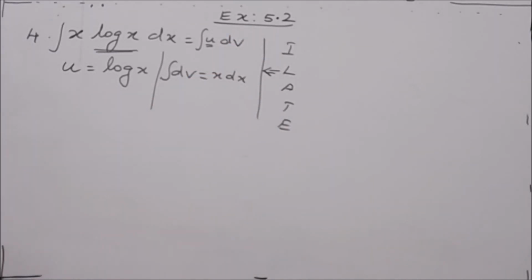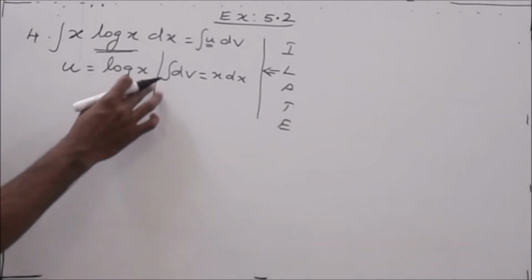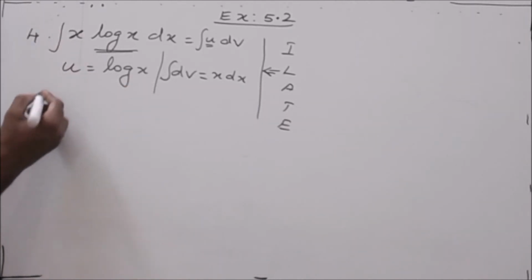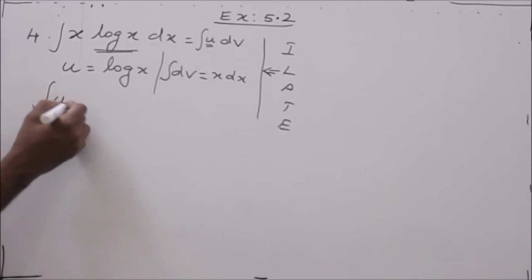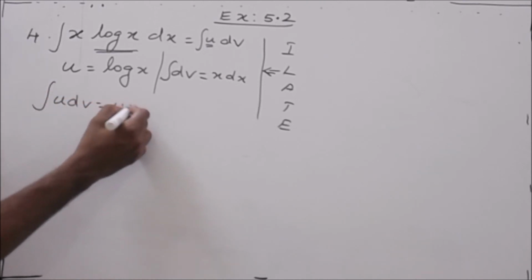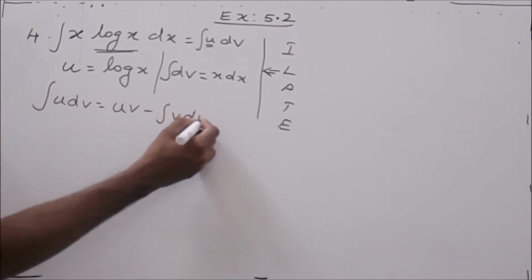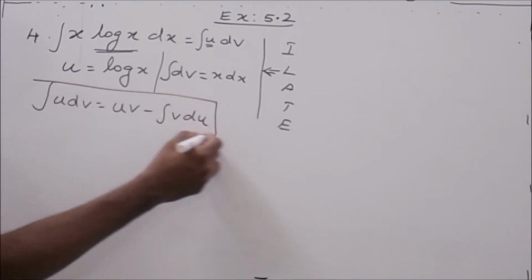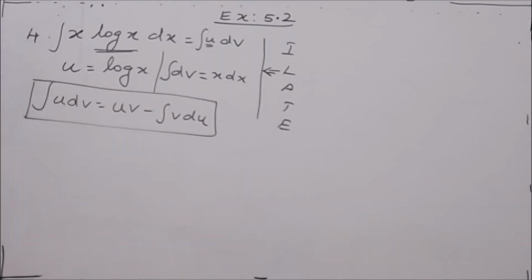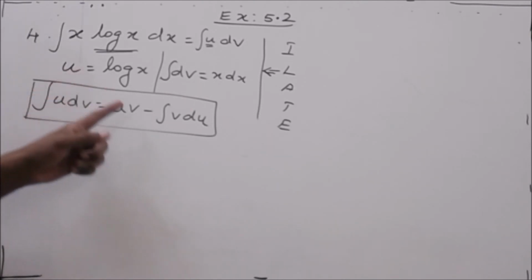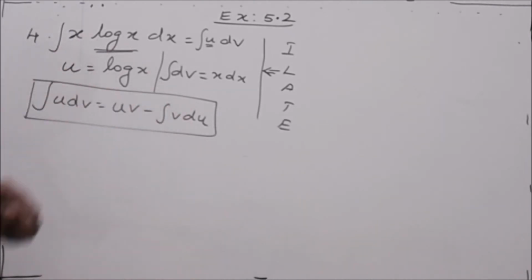Here u equals log x, so we cannot go with Bernoulli. So choose the formula integral u dv equals uv minus integral v du. We have u, and we need v and du.